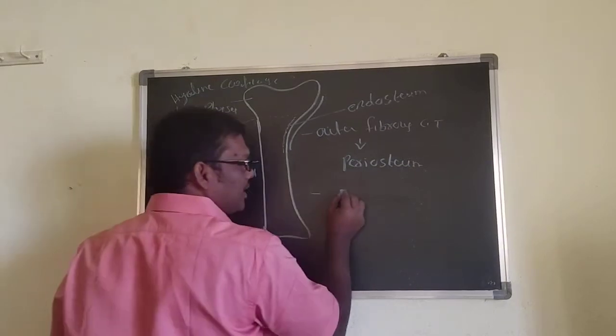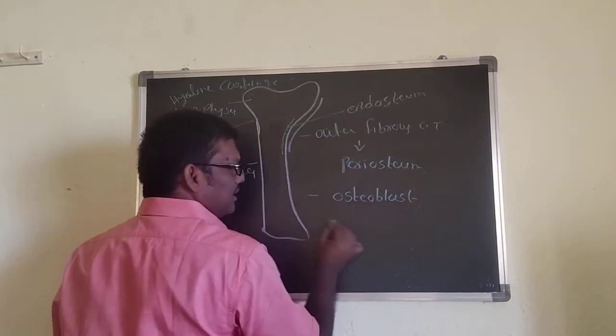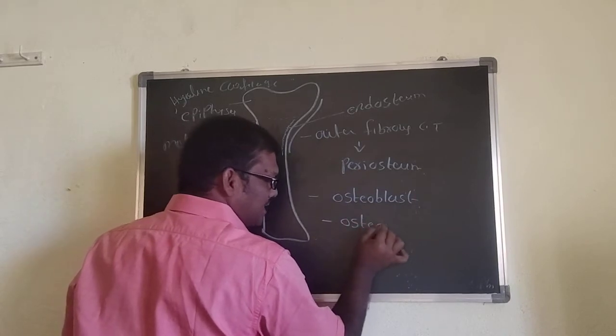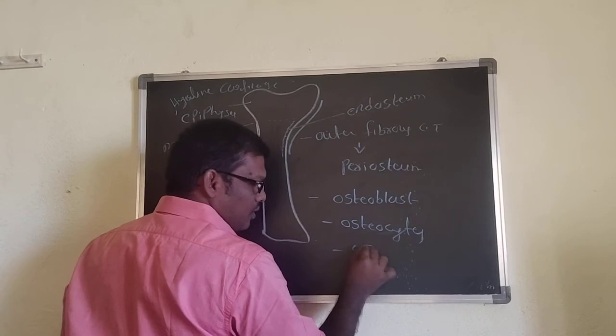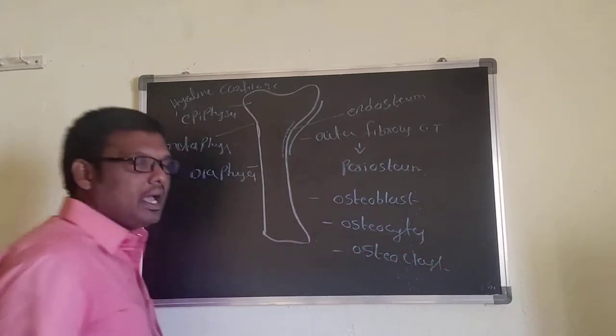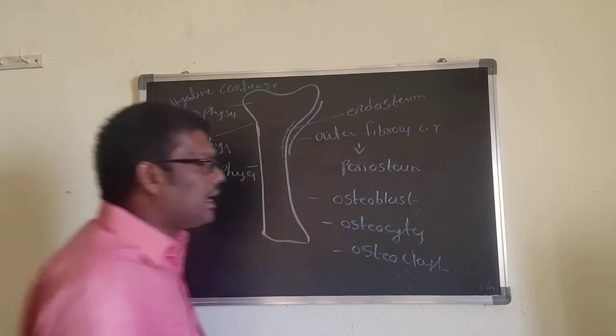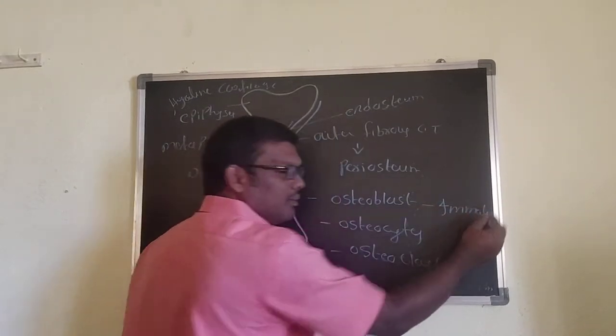Now, in bone there are mainly three types of cells: osteoblasts, osteocytes, and osteoclasts. Osteoblasts are the immature bone cells.